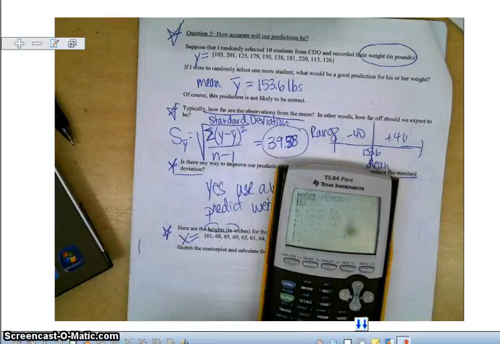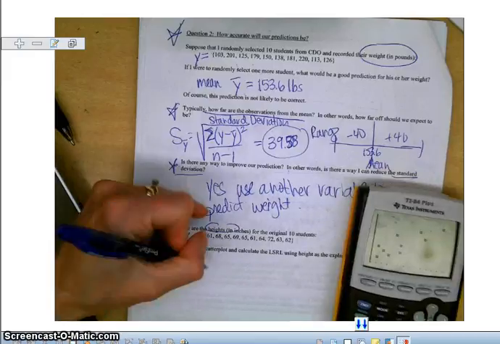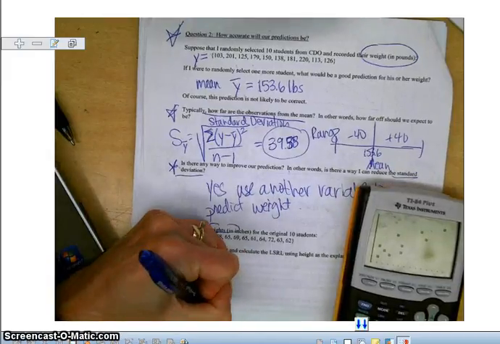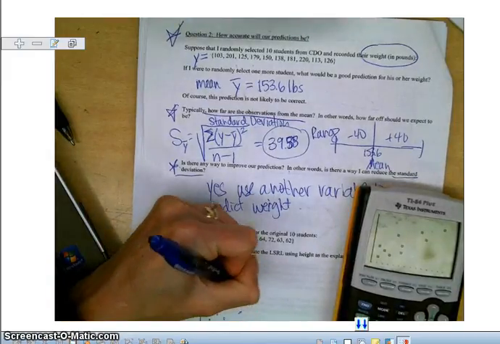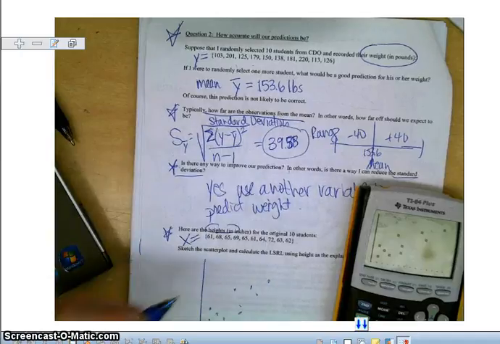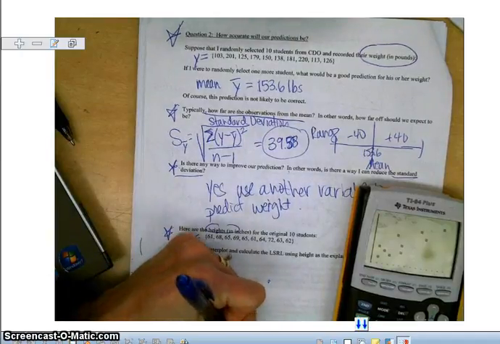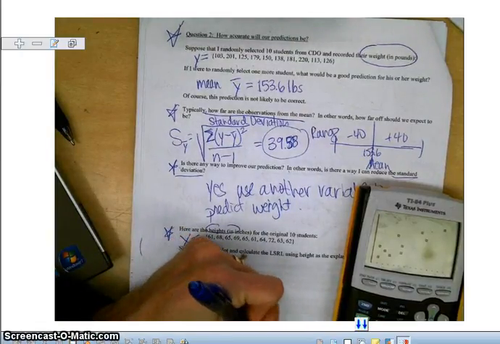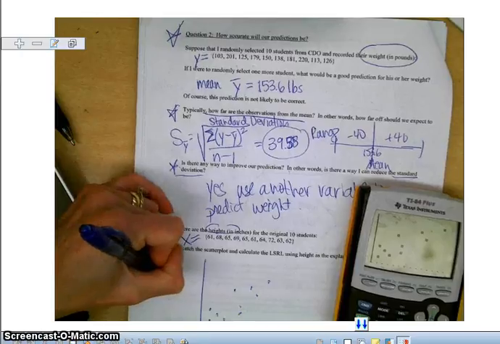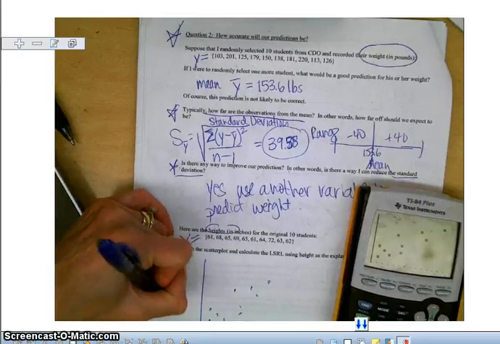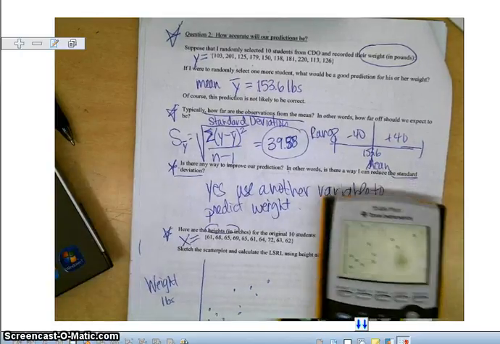So, okay, here's my scatter plot for this data. And this would be the height in inches and the weight in pounds.